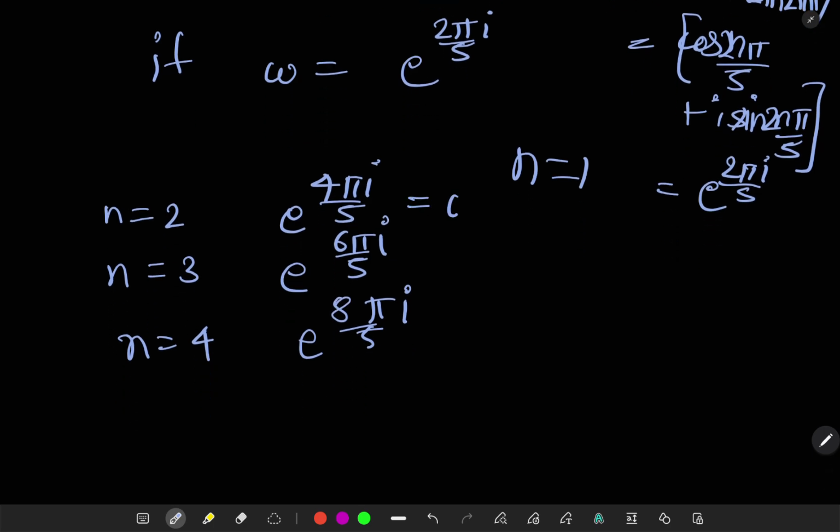So you can see this is like this omega square, and this is equals to omega cube, and this is equals to omega raised to power 4.